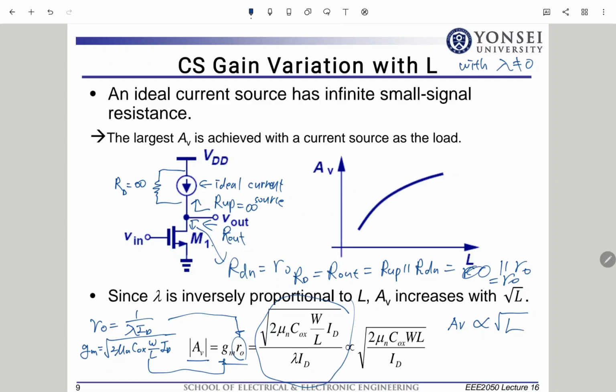But here's the thing. As long as you know the small signal model and what else? The large signal model, you can derive all these things. So, in that case, you can be more expert in the circuit area.